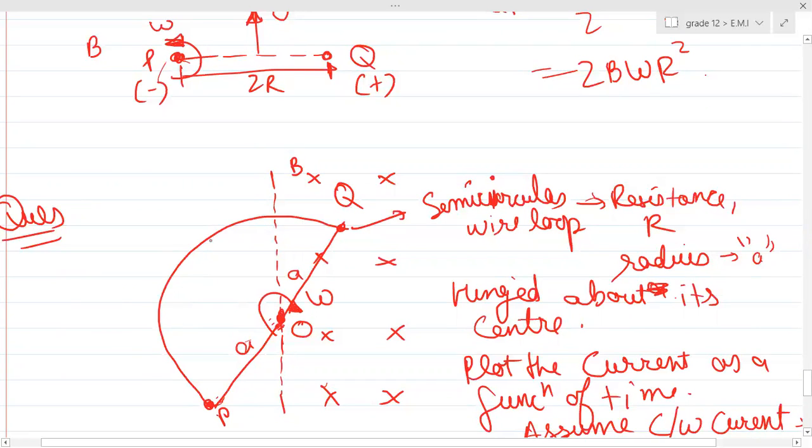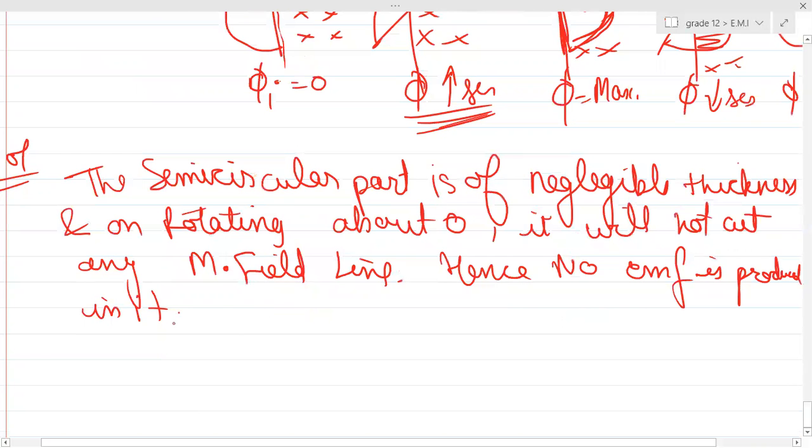It will not produce anything. PQ is semicircular and it will not cut any line, right? The only thing which will cut the line is basically this part OQ. Only OQ will cut the line.